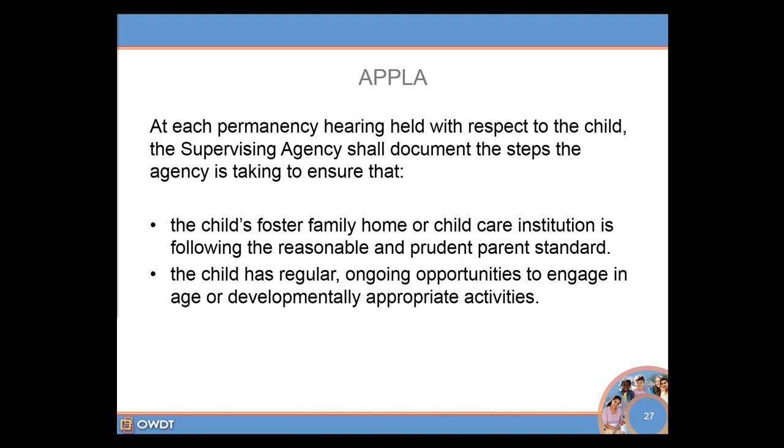At each permanency hearing held with respect to the child, the agency shall document the steps being taken to ensure that the child's foster family home or child caring institution is following the reasonable and prudent parent standard, and the child has regular, ongoing opportunities to engage in age or developmentally appropriate activities, including consulting with the child in an age-appropriate manner about the opportunities the child has participated in.